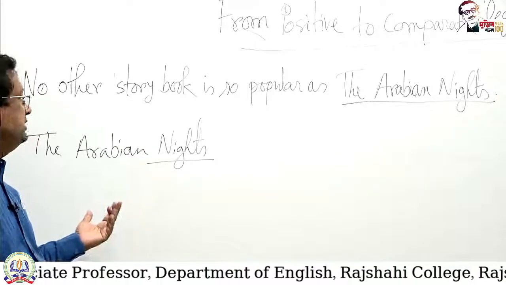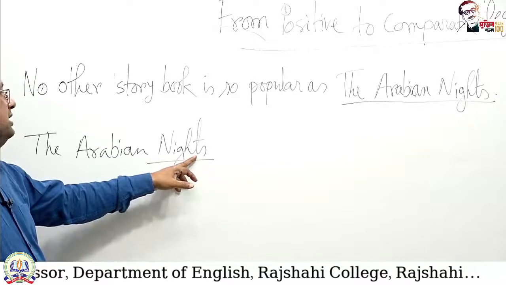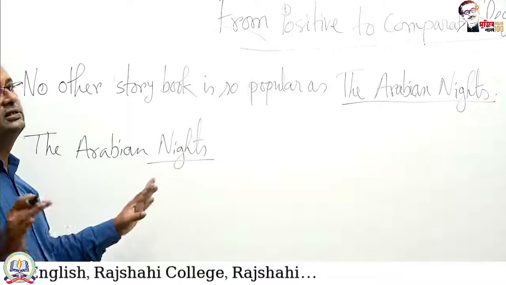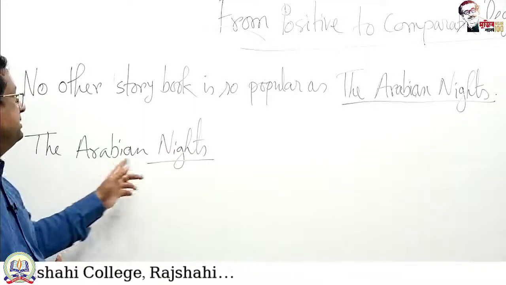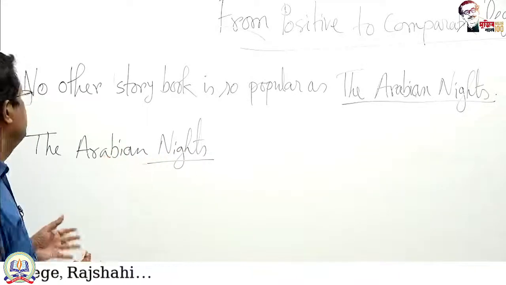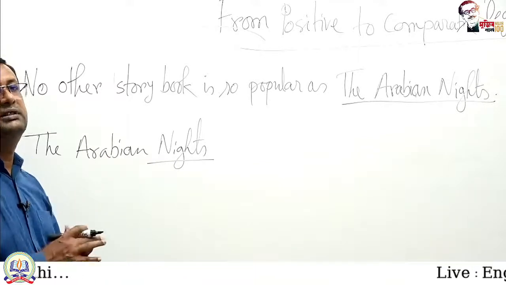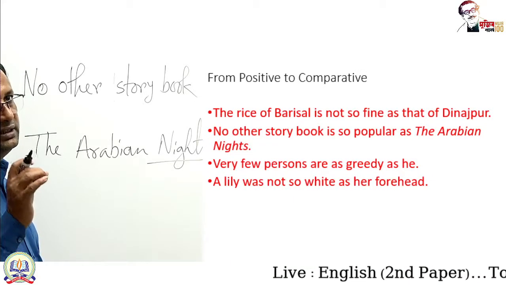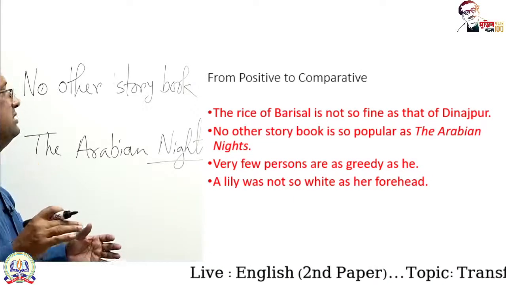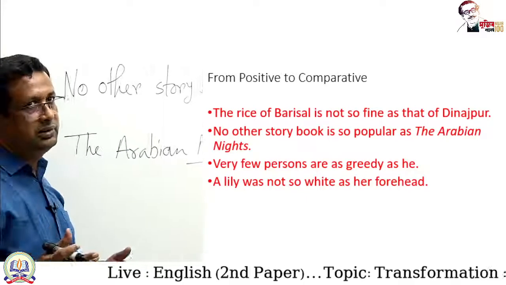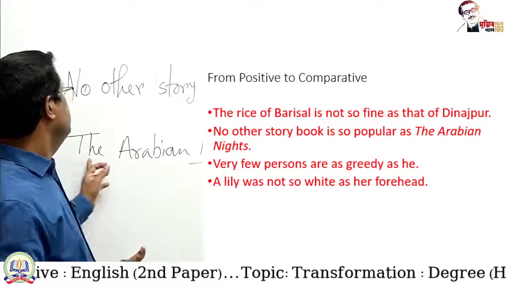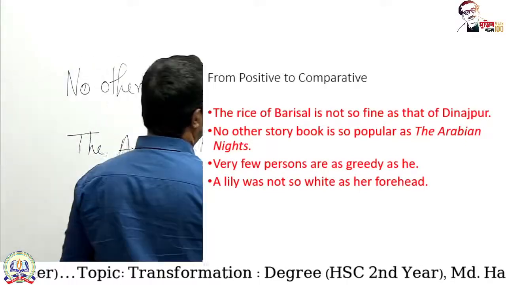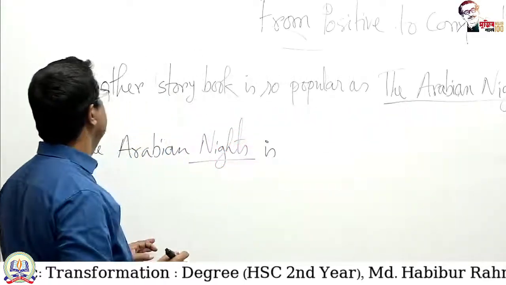Unfortunately, you find a plural form here, but Nights is not the subject. The subject is the Arabian Nights. Like Gulliver's Travels, this is not plural but the singular form, the name of a book by Jonathan Swift. So, you have to write the singular verb: The Arabian Nights is.